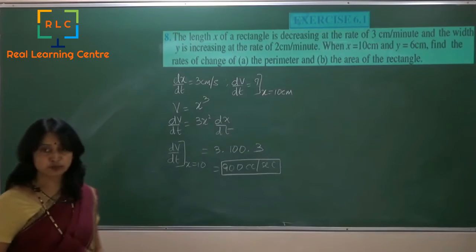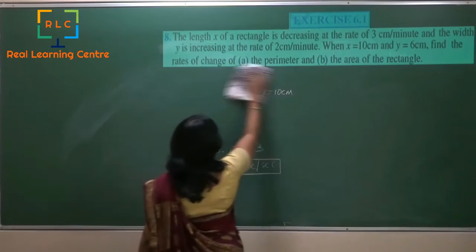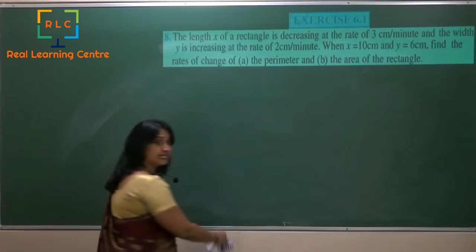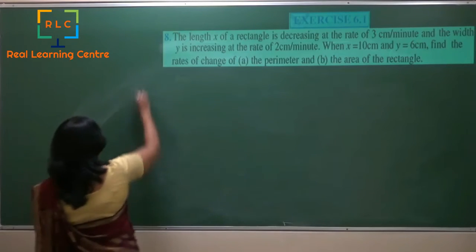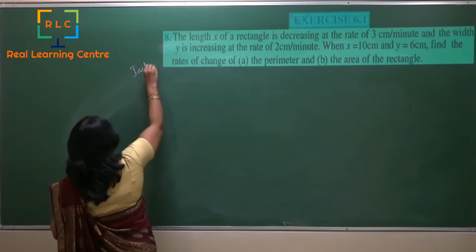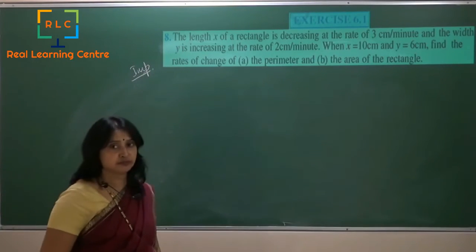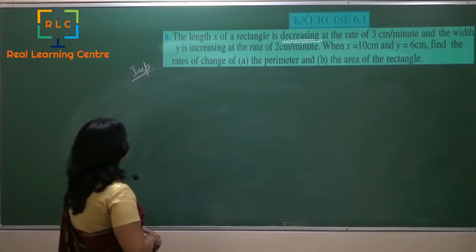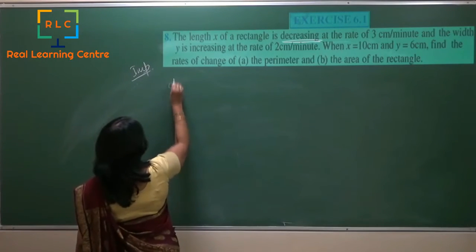We have a rectangle problem here. This rectangle problem has been given three or four times. It is very simple but highly important for the PU board final examination. As I told, now this is decreasing. We'll start writing the data. Here it goes.